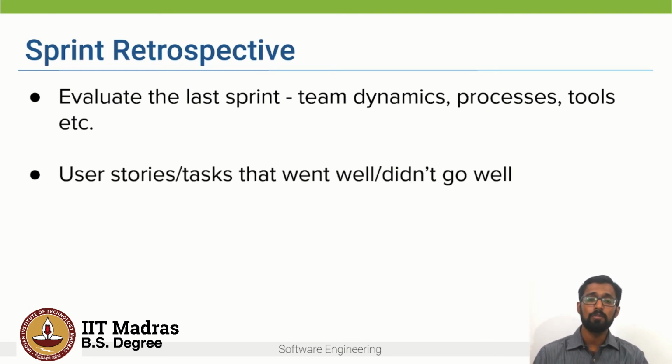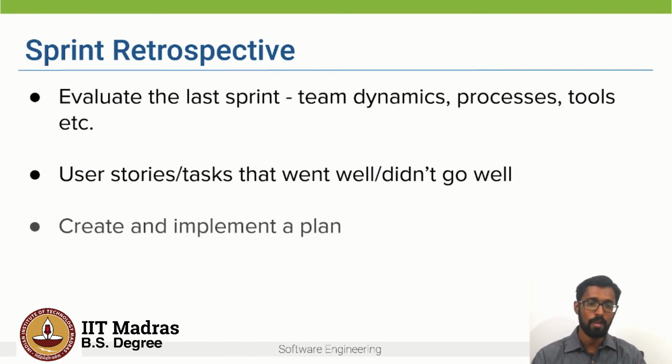It also discusses which user stories or tasks went well or didn't go well, and the reasons behind that. And finally, creating and implementing a plan to improve how the team works, so that it will improve in the upcoming sprints.